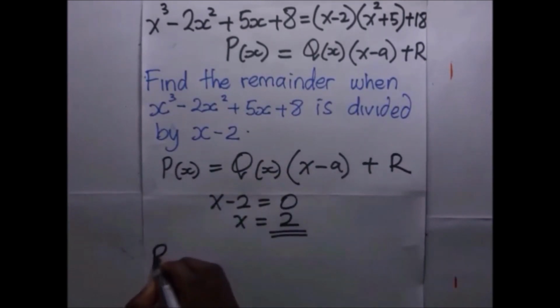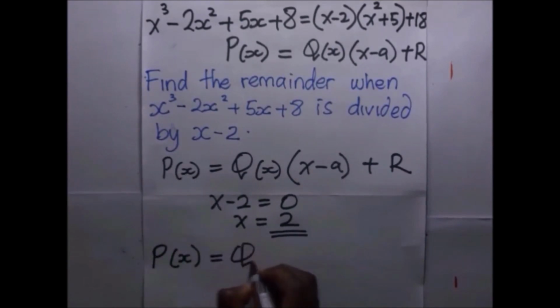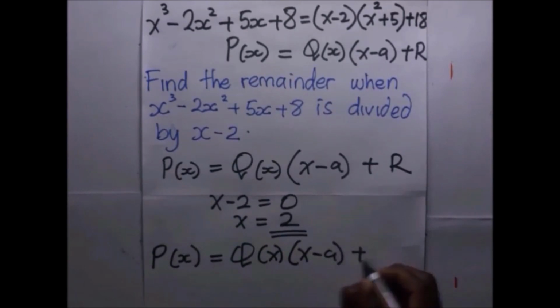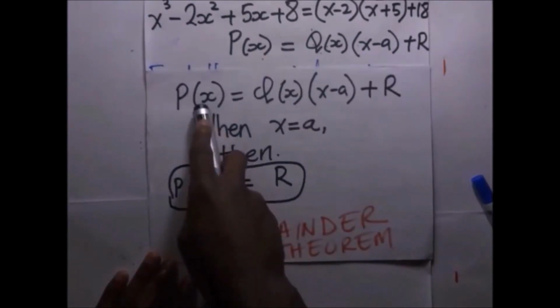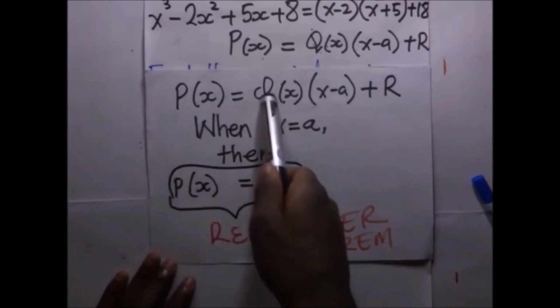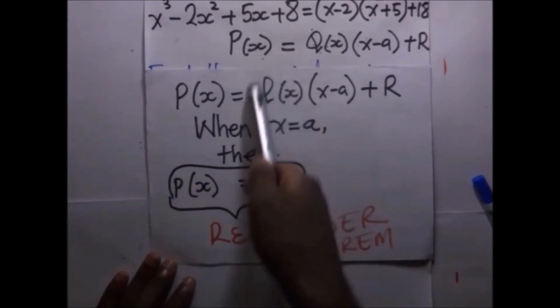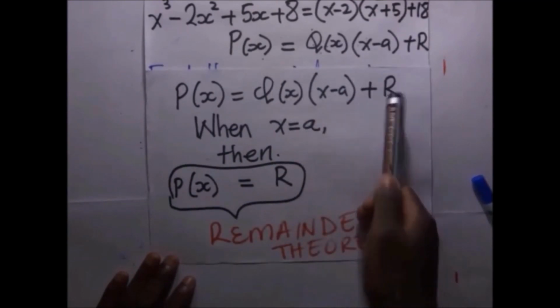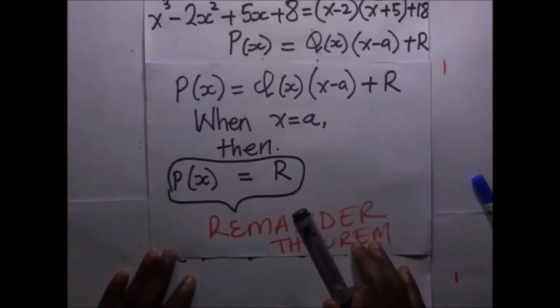So the polynomial p of x, which is equal to q times x minus a plus r, is going to be equal to the product of the quotient and the divisor, plus the remainder.